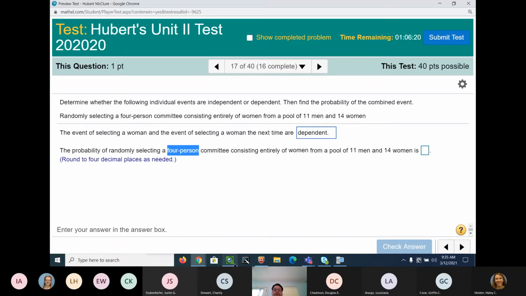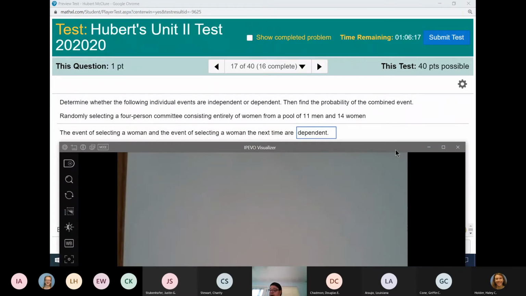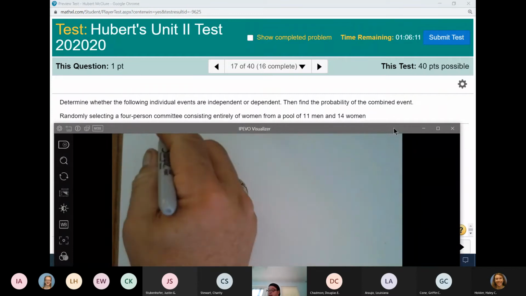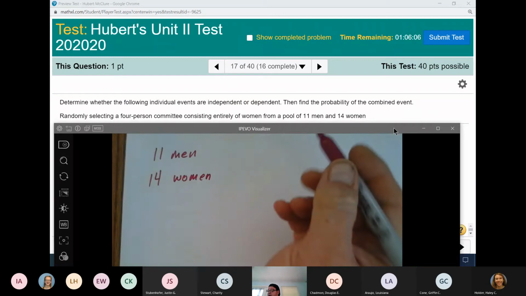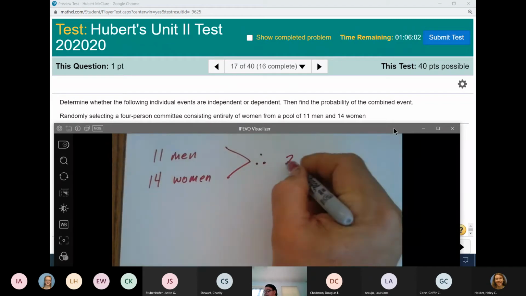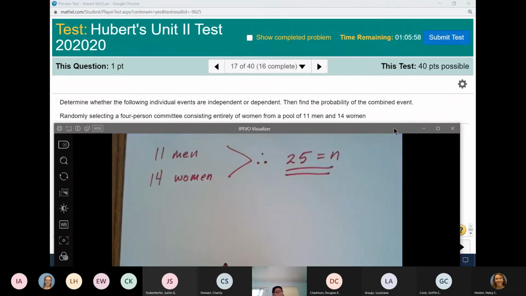So here we go. We've got 11 men and 14 women. Therefore, 25 is equal to n. So our denominator is what?